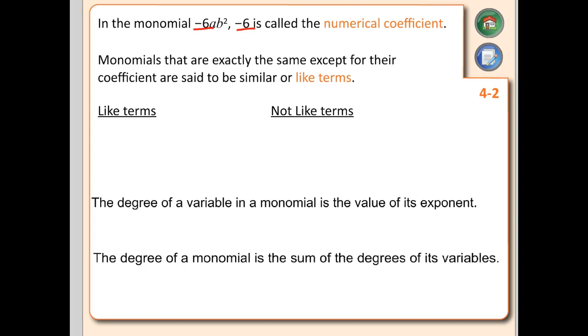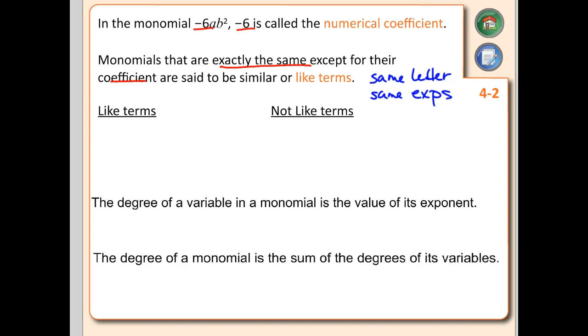Monomials that are exactly the same, except for their coefficients, are similar or like terms. Now, we're going to see, now that we're in chapter 4, like terms means the exact same letter with the exact same exponents. And that's an important thing for us to keep in mind as we start down this journey of chapter 4.